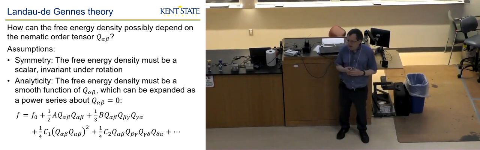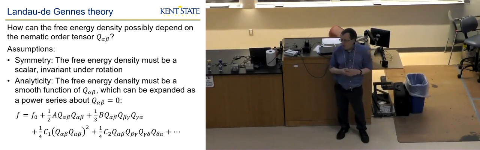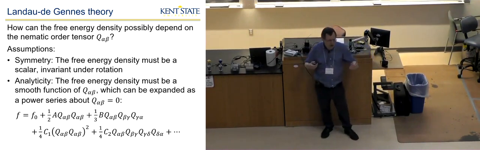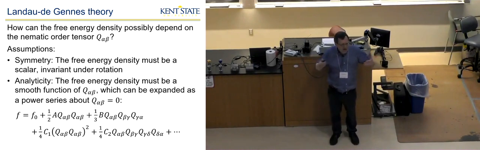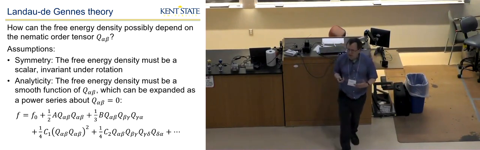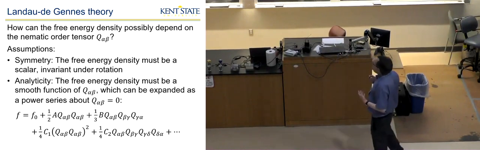You may have seen, for example, with superconductors, long before BCS came along, people had the idea, maybe there's a complex order parameter for superconductors. How could the free energy of a superconductor possibly depend on this complex order parameter? Same idea here.